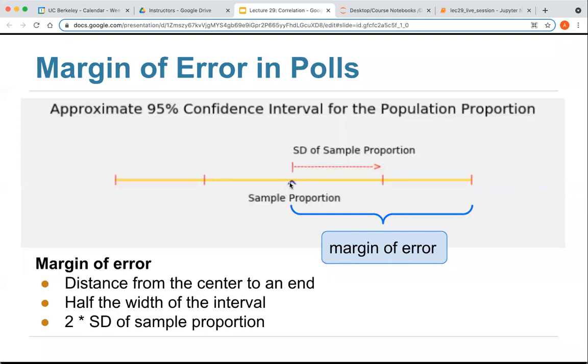So how far off can you be? The furthest off you can be is at one end or the other end, the distance from the end to the center, because that's your estimate. That distance is called the margin of error, the distance from the center of an interval to the end. You can see in the picture that it is 2 lots of the SDs. The margin of error assumes that you have calculated a 95% confidence interval.